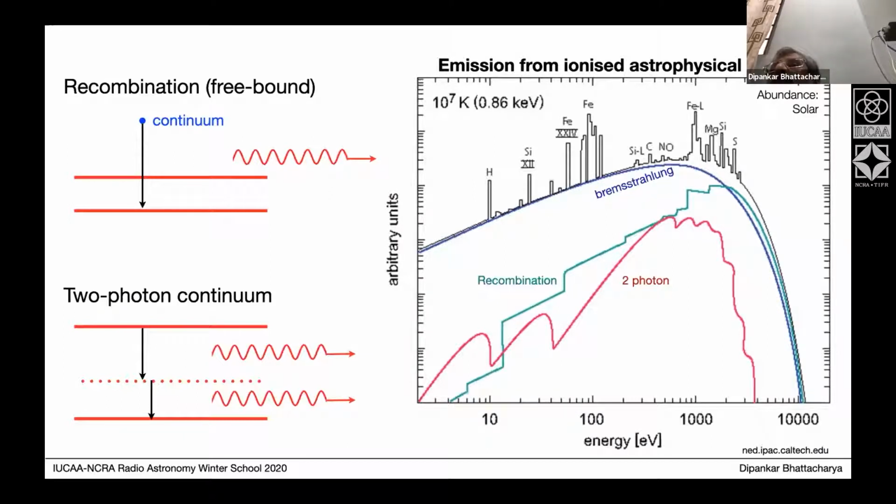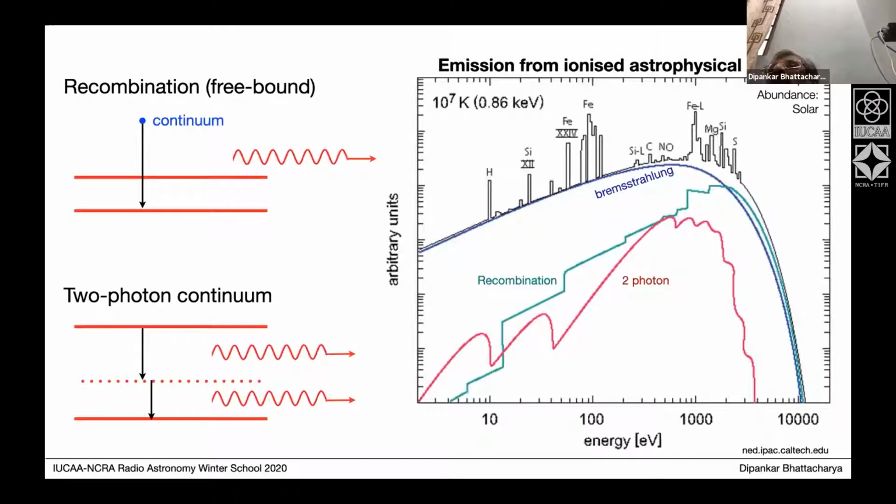On the right-hand side, I've shown a typical expected spectrum from a hot ionized astrophysical plasma at 10 million degrees Kelvin. And you can see the blue line at the top is the Bremsstrahlung, which is the dominant emission, certainly at energies typically lower than kT. And then there are these other processes, the recombination, shown in green line, and the two-photon continuum in red line, which also contribute to the total emission.